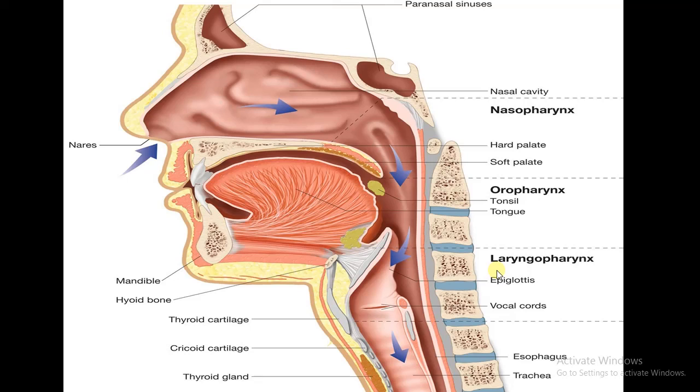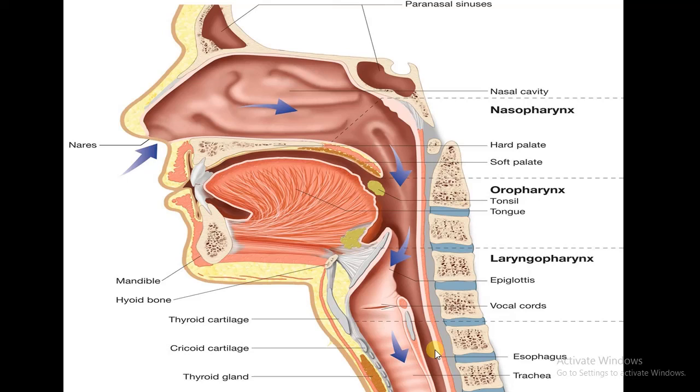There is one very important thing that you must remember about the pharynx, and that is that the pharynx has a dual function. It is a pathway for the conduction of air from the nose into the larynx, one function, and the other function of the pharynx is to let the bolus of food pass from the oral cavity into the esophagus.